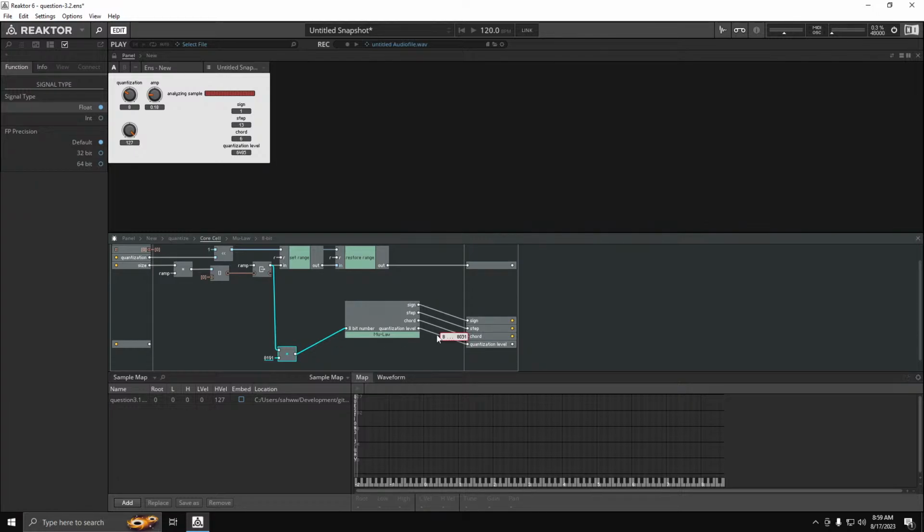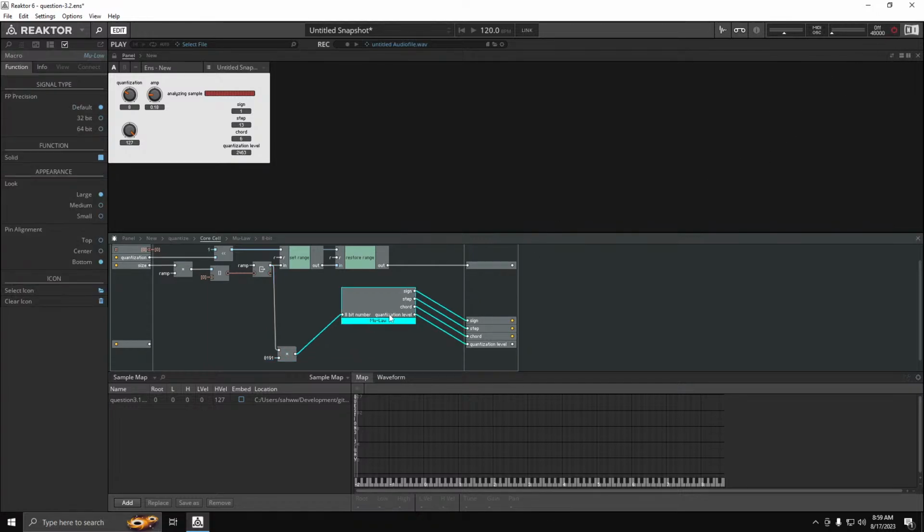The thing is this doesn't go. Quantization levels aren't negative, so I think I'll have to, after I quantize the points, multiply it by the sign value. That's the only thing that makes sense.